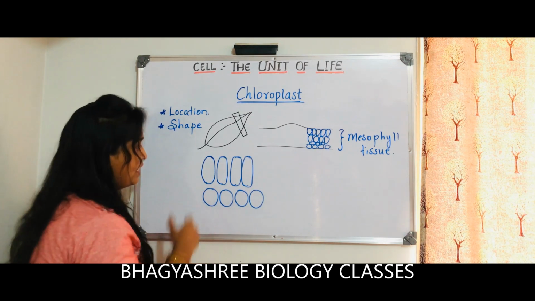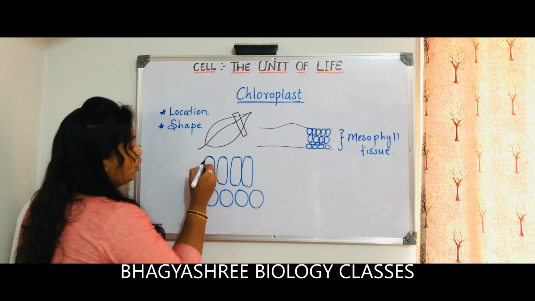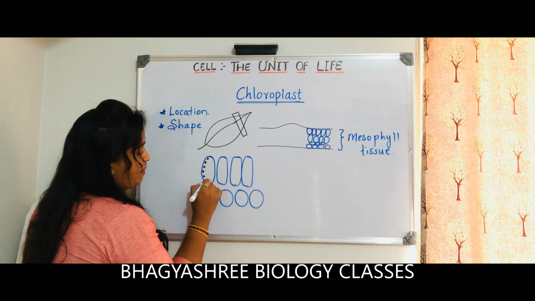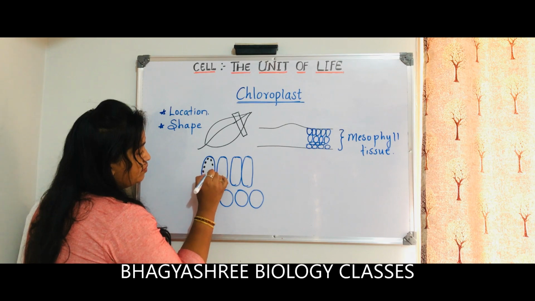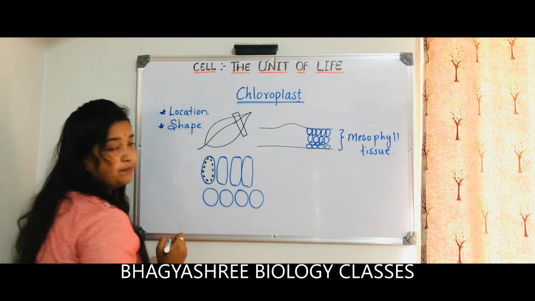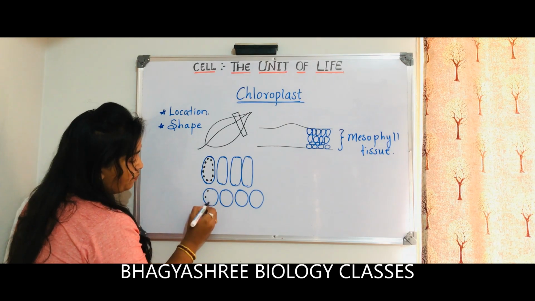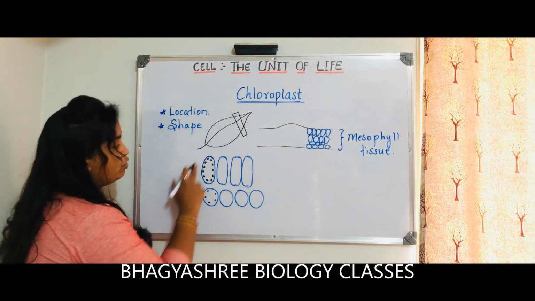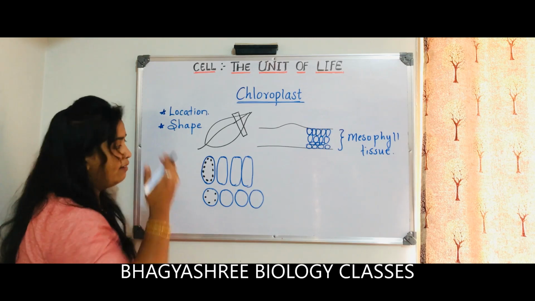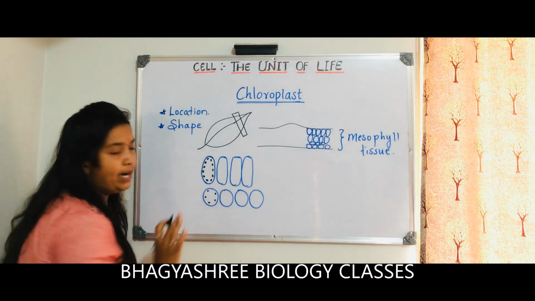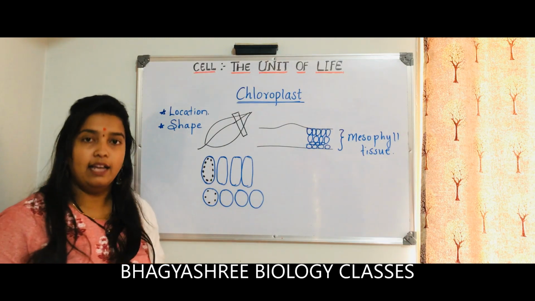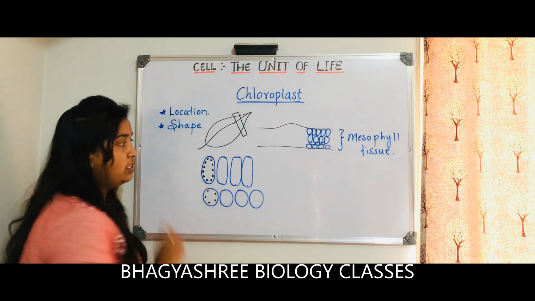Within these cells, you will see that chloroplasts are found like this at the peripheral region, and you will find them here also. But if you compare the number, usually the palisade cells will have more chloroplasts compared to the spongy cells. So this is where they are exactly found. I hope you understood this.